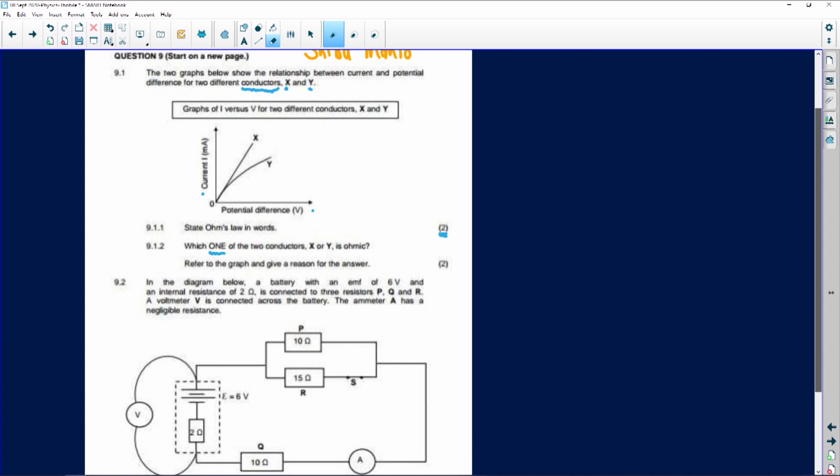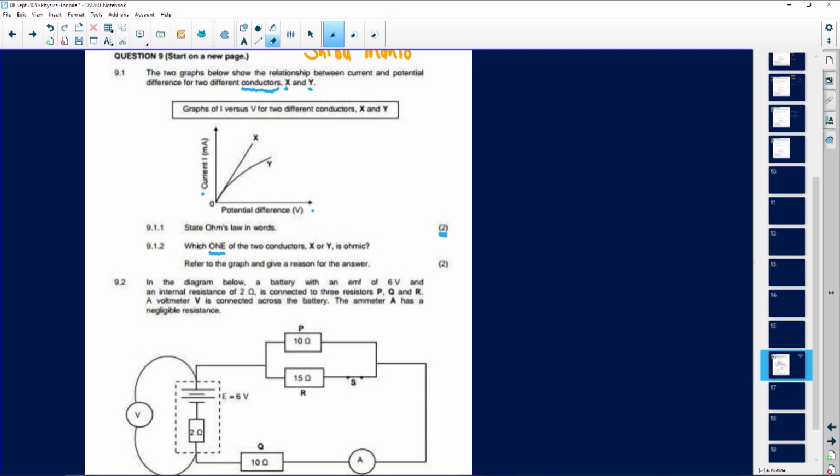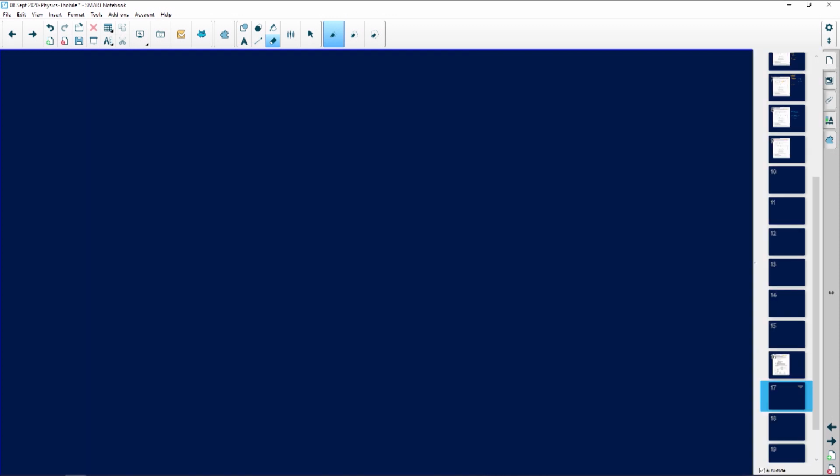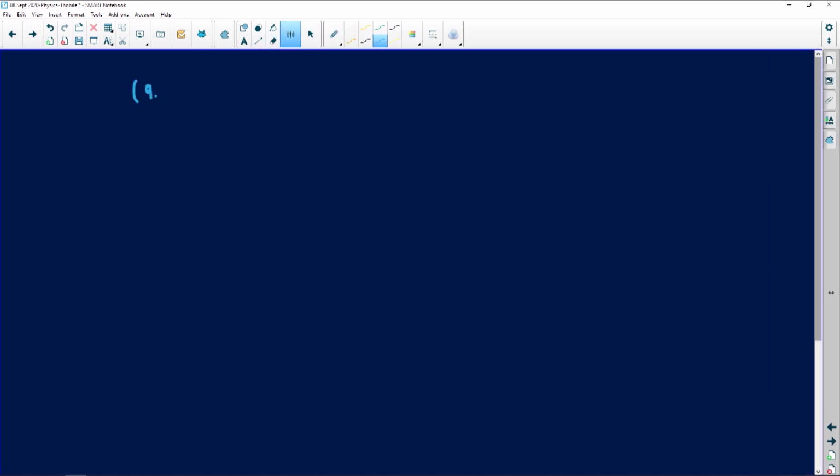I can see that X is a straight line going up. So I can therefore say, let me work here. 9.1 we did was Ohm's law. I've got 9.1.2. Which one between the two? It is X. We must give a reason.